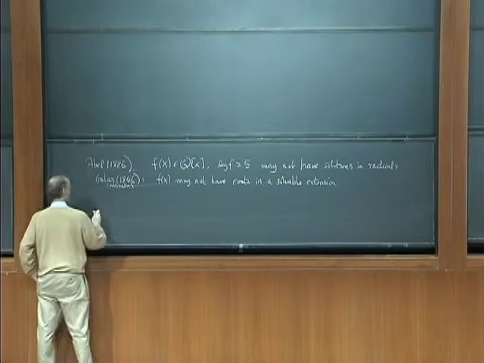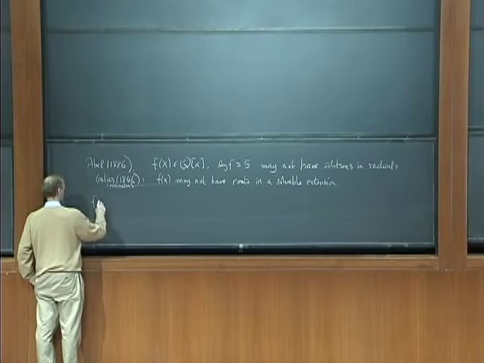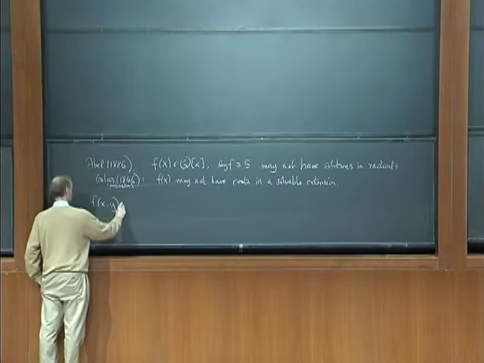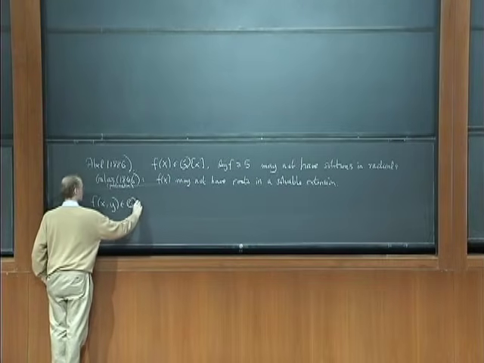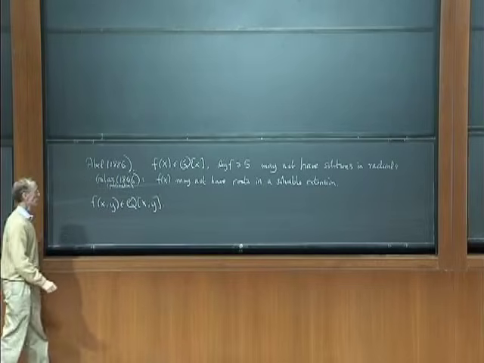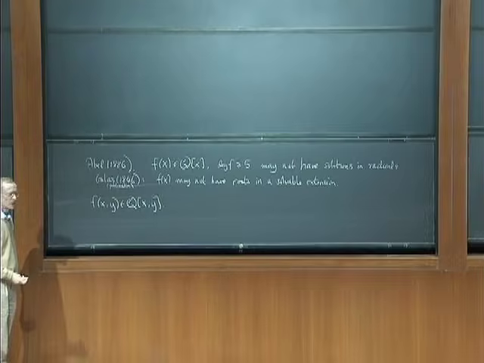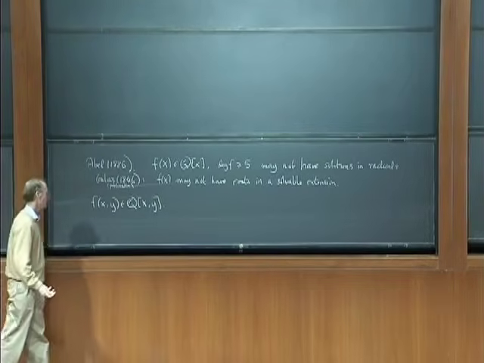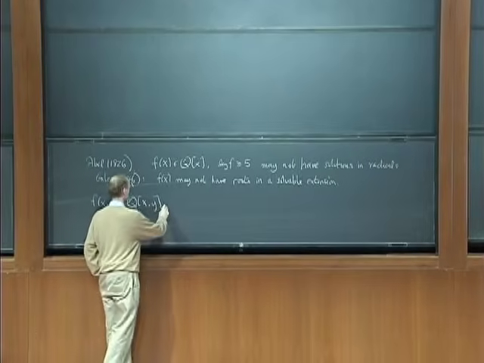So the question I want to talk about is, supposing you have a polynomial in two variables, is the same thing true? Does it always have roots in a solvable extension, or are there examples where they don't?